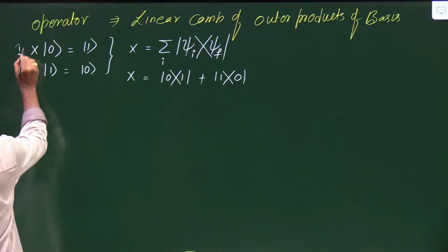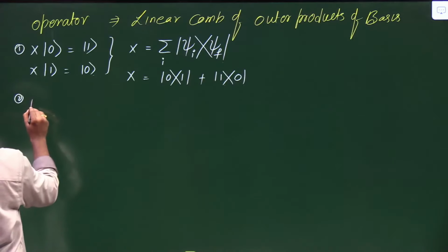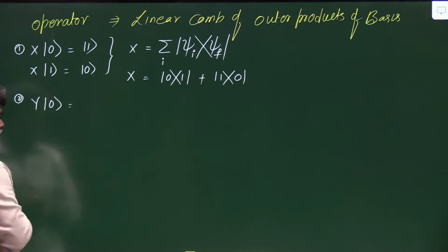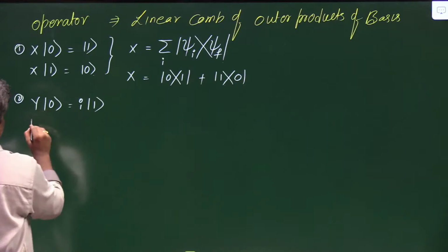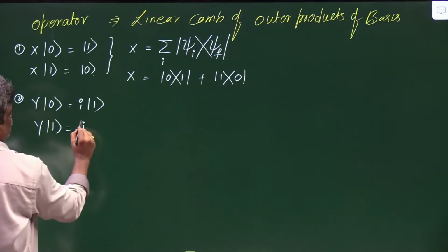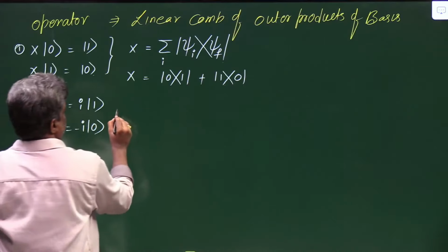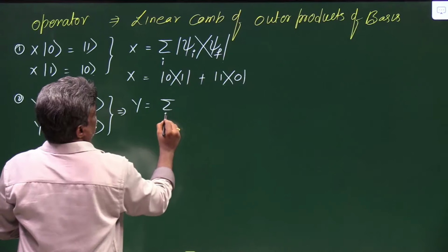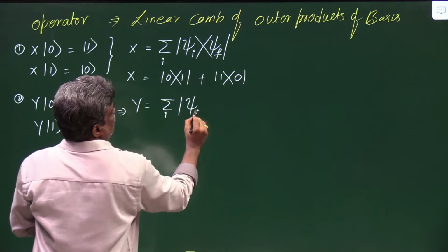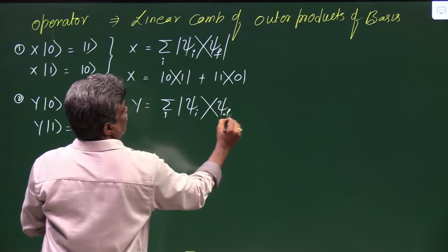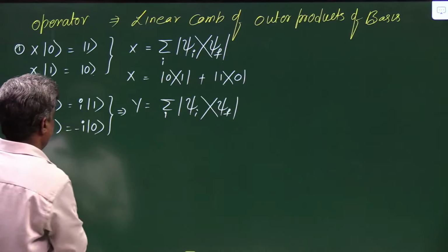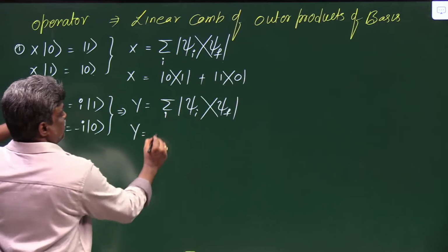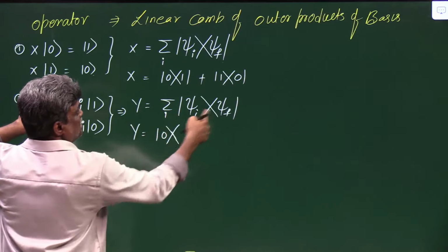Similarly, if you take Y, that means Y operates on 0, what you get is iota 1, and Y operates on 1, you get minus iota 0. Let us check the outer product form. The outer product form is simply a summation over i. Remember, psi initial is in the ket and psi final is in the bra vector. So be careful. Now Y is equal to, what is the initial state here? Ket 0. What is the final state?